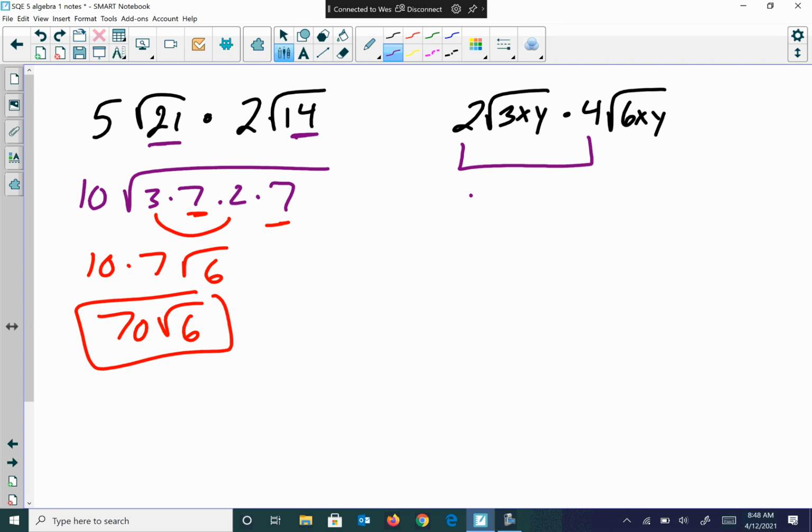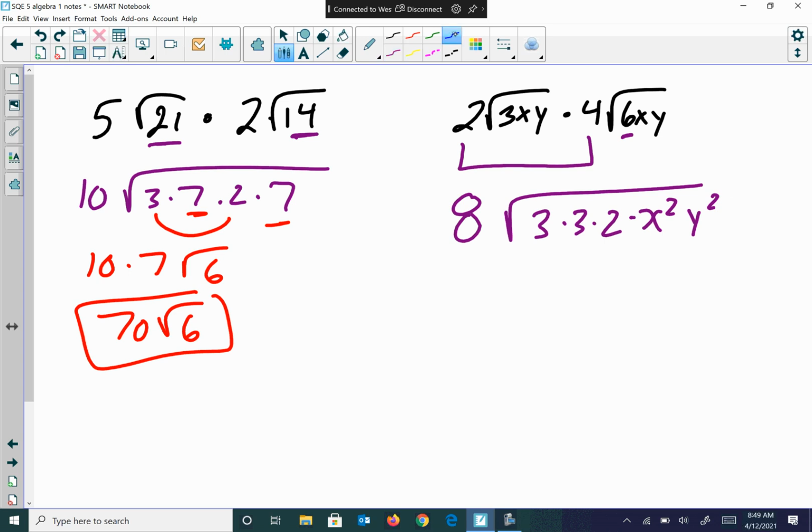All right, 2 times 4. I got an 8 outside. I got a 3. Break down that. 3 times 2. I love it. And then x squared and y squared. Does everyone agree with the math that we did? X times x, x squared. Y times y, y squared. 3 times 3 times 2 is the same thing as having the 3 and the 6 times 2 broken down.